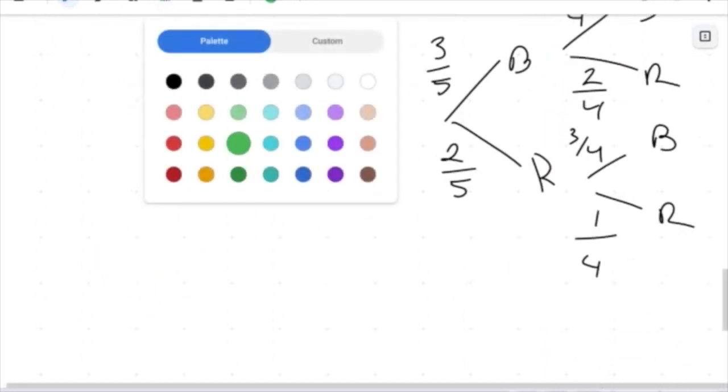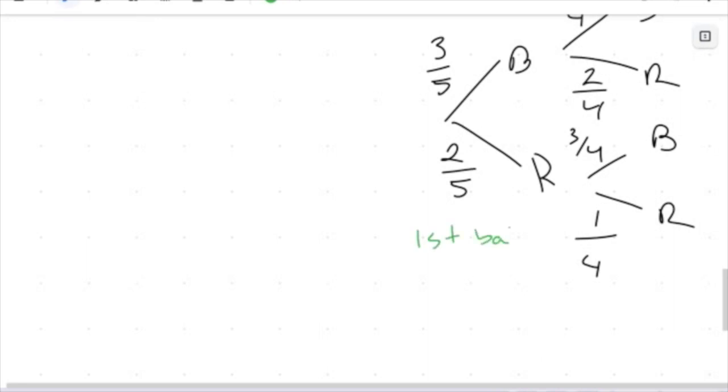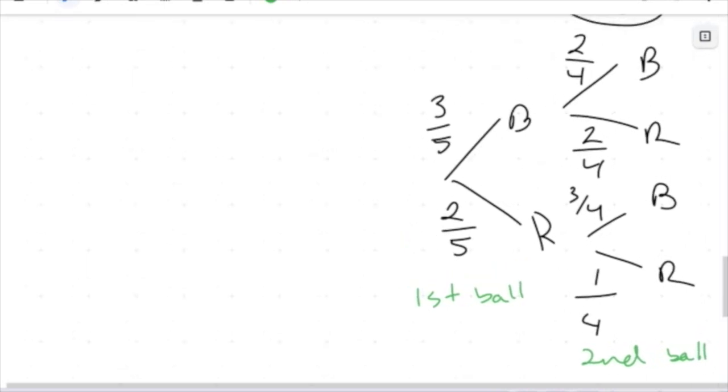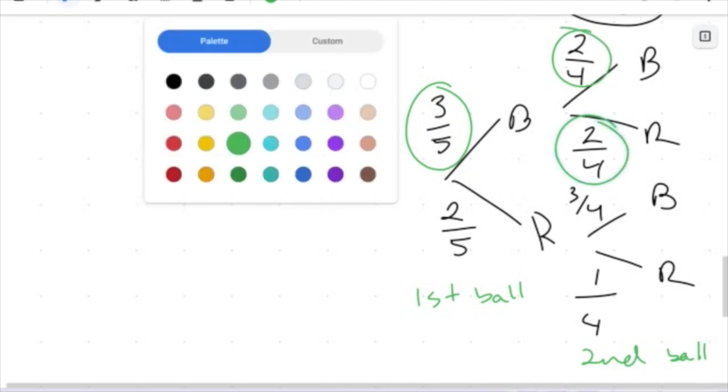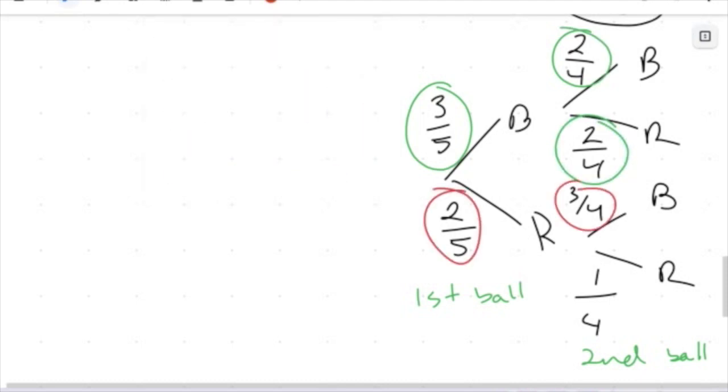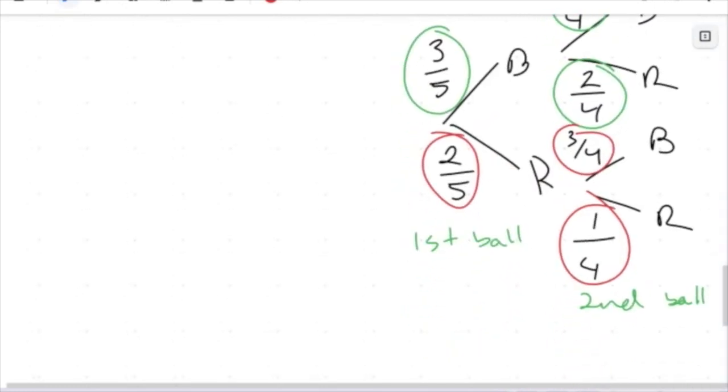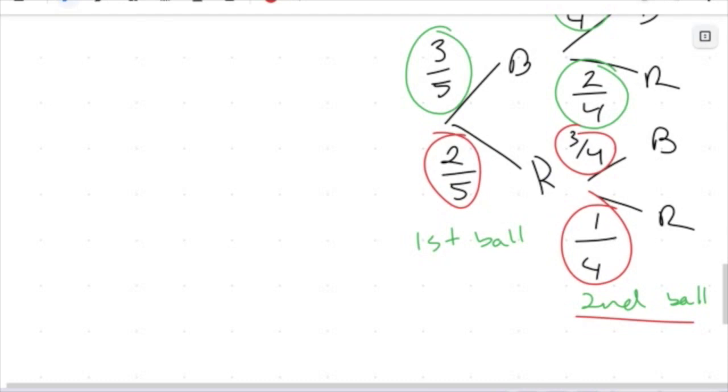If I think of these as my first ball and my second ball, the effect of not replacing this means that the probabilities change. These are different, as well as these ones. So one probability affects the other. The probabilities on this second ball are dependent because they depend on what we selected for the first one.